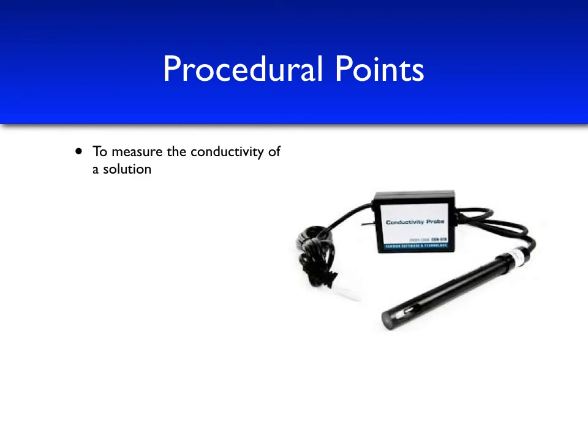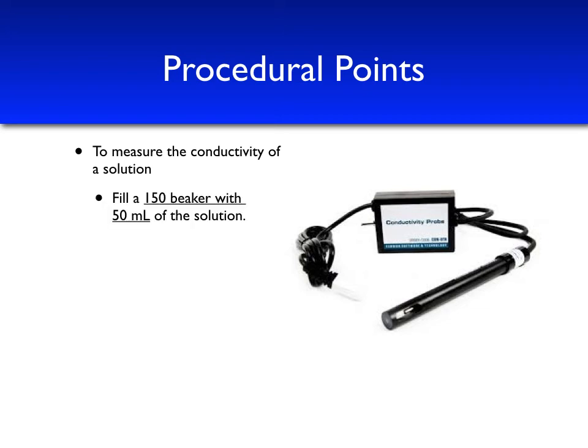It's also important that we store our sensor in a beaker of deionized water when it's not in use. When we measure the conductivity of a solution, we need to keep a few things constant. Conductivity also depends on the area at which the solution is contacting the electrodes. We want to keep this constant so that we can compare the numbers and have fewer variables to worry about.